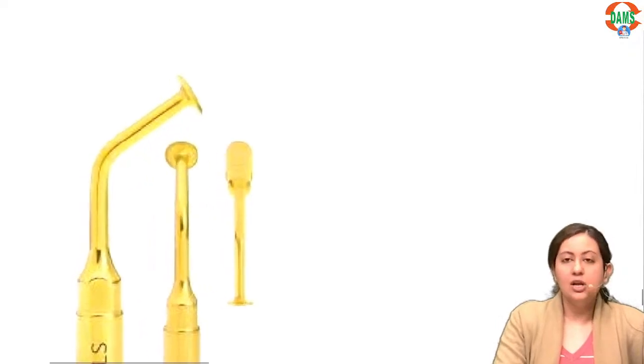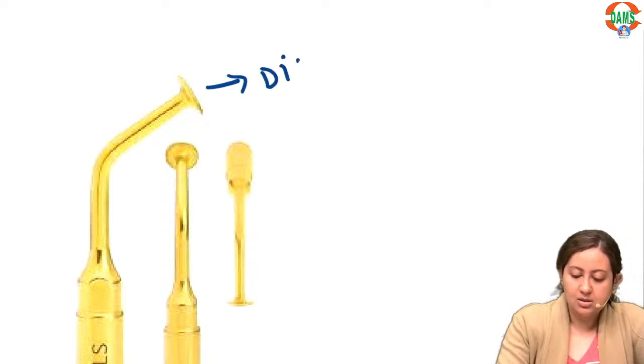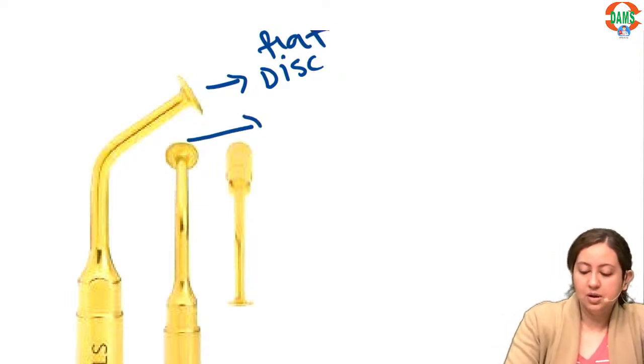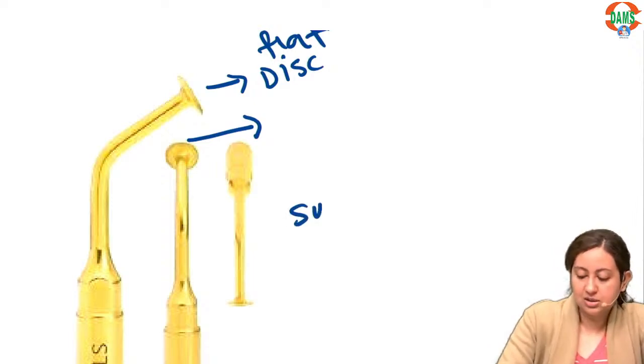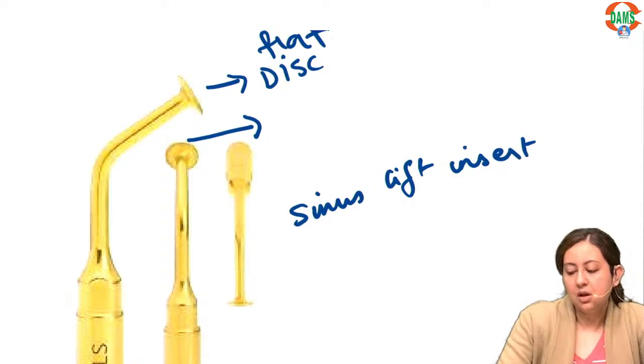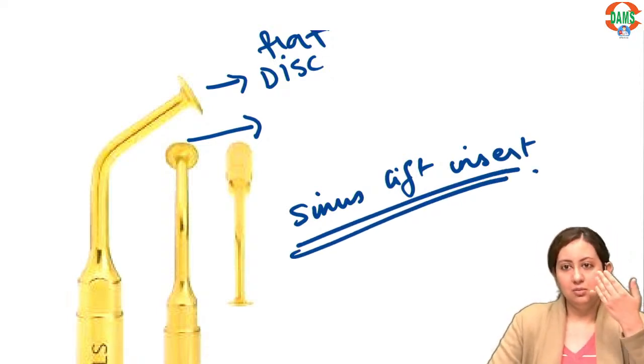If you carefully look at this, there is a flat disc-like structure present over here. This is a sinus lift insert. So what is this? This is actually the disc.